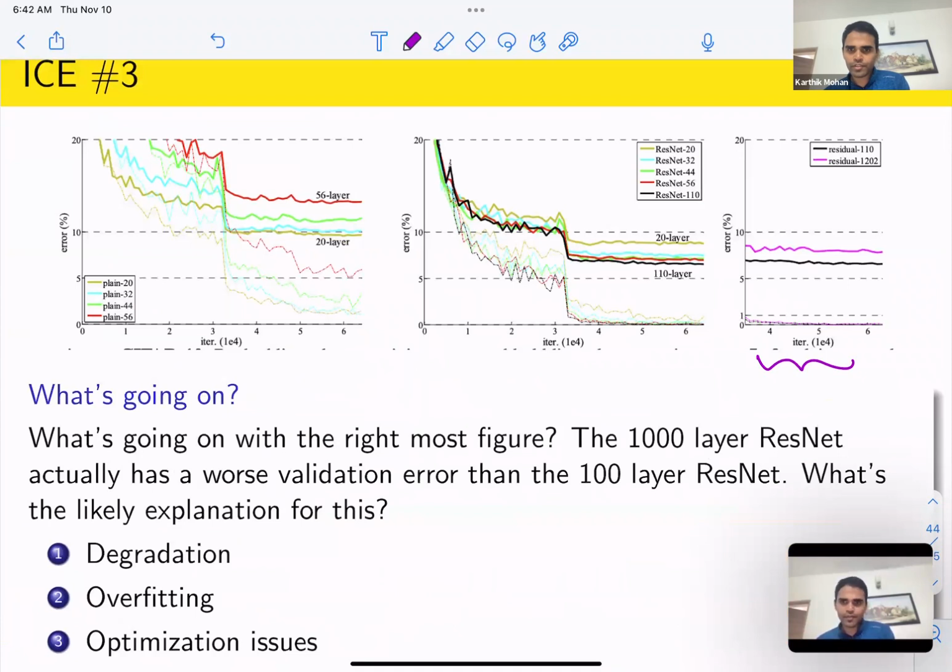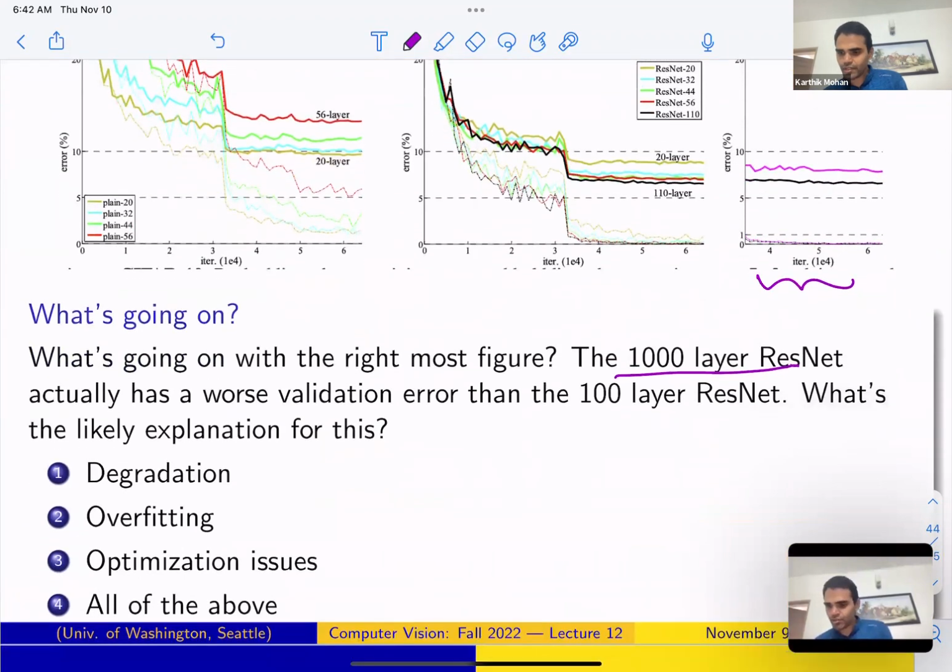Let's focus on the thick line that corresponds to validation. The question is, the 1000-layer ResNet has a worse validation error than a 100-layer ResNet. So what is the likely explanation for this? Maybe take a minute to look at this and share your answer.